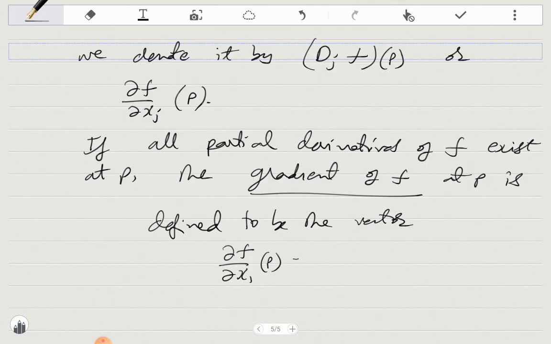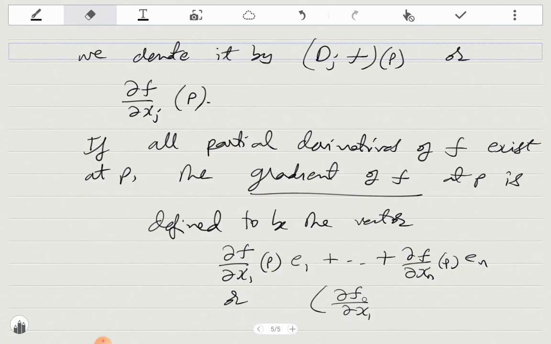So as an element, this vector, or I can just use coordinates, write it as an n-tuple. Later on we'll also write it as a column vector.